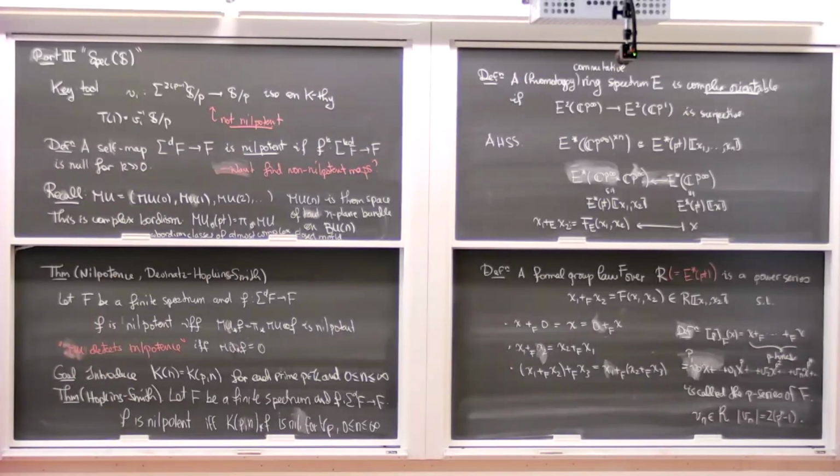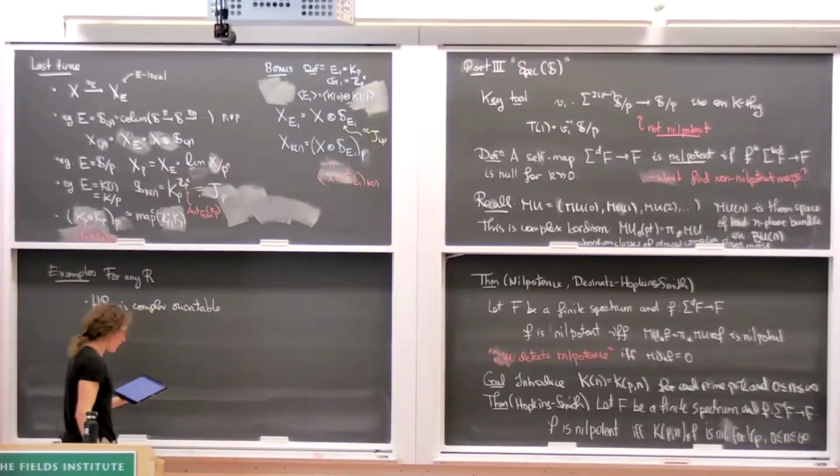So let's take any R. HR is complex orientable. Okay, so just regular cohomology.